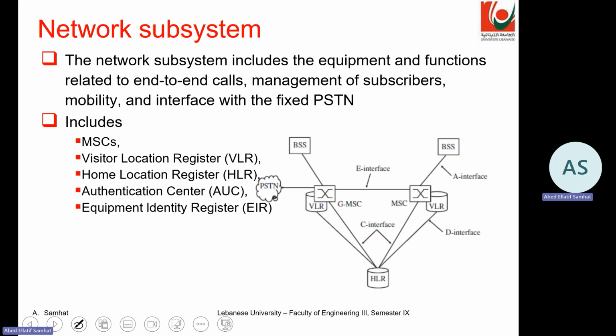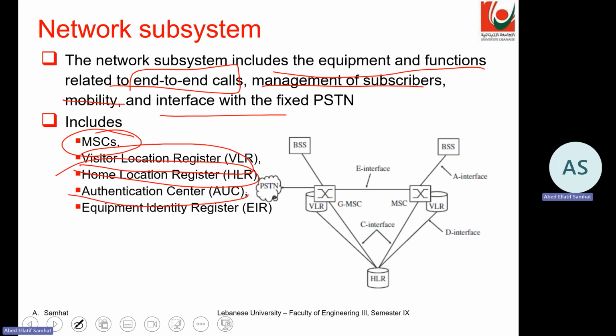And this network subsystem will include the equipment and functions related to end-to-end calls, for the management of subscribers, for mobility, and for all interfaces. So what are the main equipment that we can find in this network subsystem? We have an important functionality, which is the mobile switching center, and we have the visitor location register, the home location register, the authentication center, and the equipment identity register.